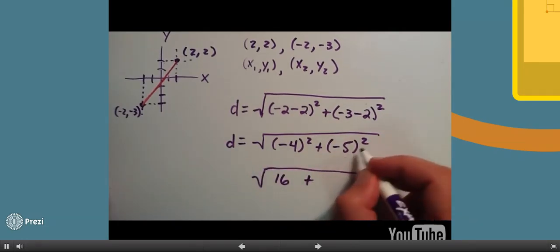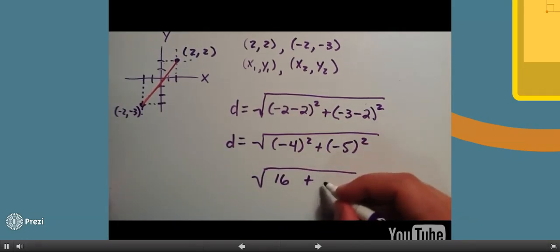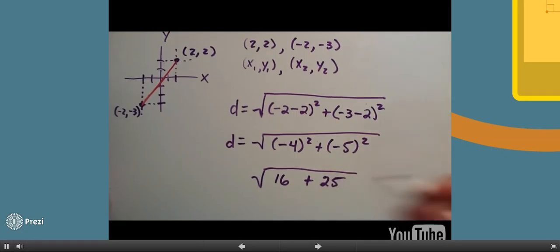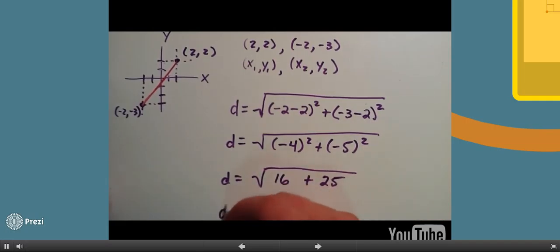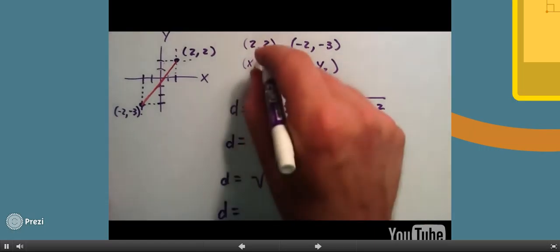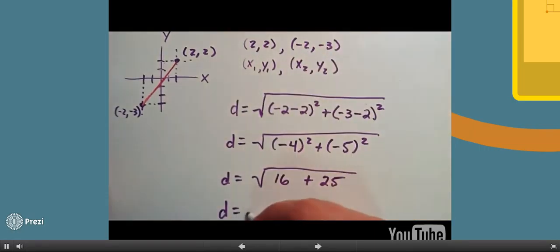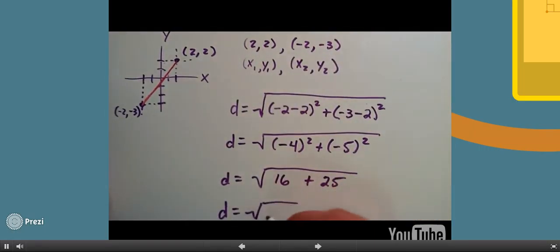And -5 squared is the same thing as -5 times -5, or 25. And 16 plus 25 is 41. So the distance between the point (2, 2) and (-2, -3) is simply the square root of 41.